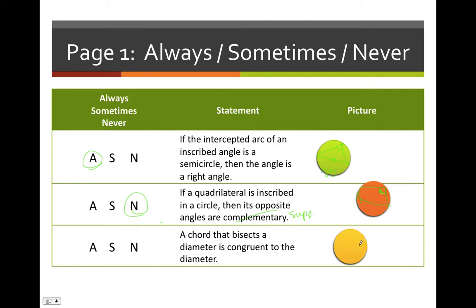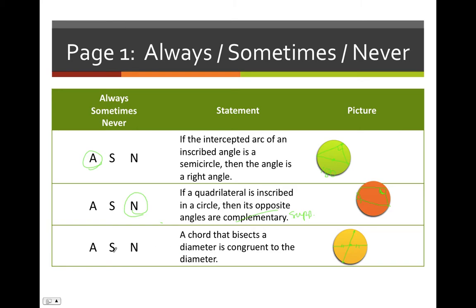A chord that bisects a diameter is congruent to the diameter. So here is a diameter, and I have another chord that bisects it. If it bisects it, and it's a chord, it's also going to have to be a diameter.